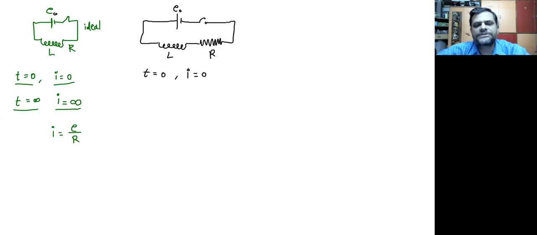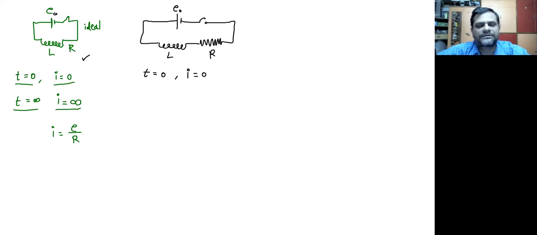Okay, but what happens is as the time goes on increasing, the current also goes on increasing, but it increases at a slower rate than it is expected in this first case here. तो यहाँ पे फर्स्ट केस में क्या होता है कि ये जो रेजिस्टेंस जो है वो रेजिस्टेंस कुछ भी ना होने की वजह से करंट बहुत रैपिडली बढ़ता है, करंट का रेट ऑफ चेंज बहुत ज्यादा होता है. लेकिन यहाँ पे इस केस में क्या होता है कि करंट जस्ट इंक्रीजेस somewhat slowly, and that rate actually depends on the resistance also, no doubt.